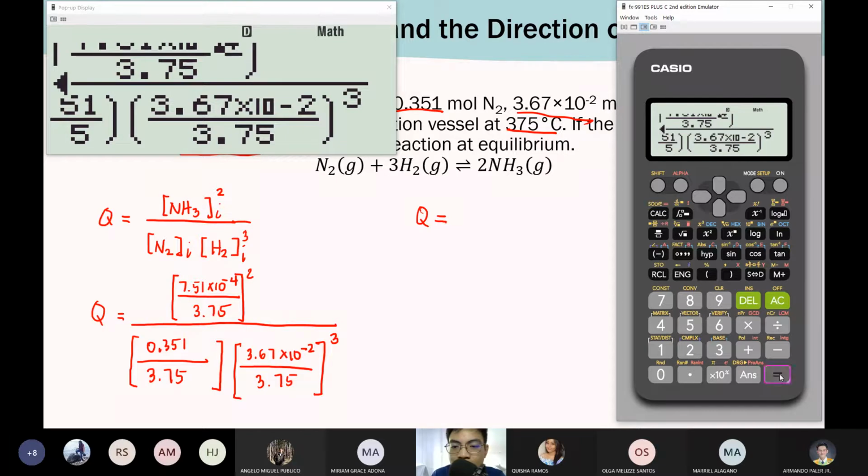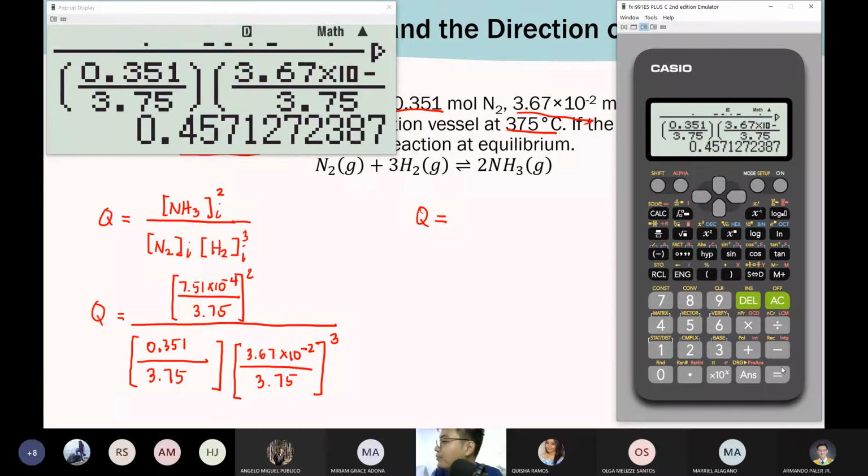Just press equal sign. Okay, so it should be 0.457. Check mo yung exponents mo, Kyla.